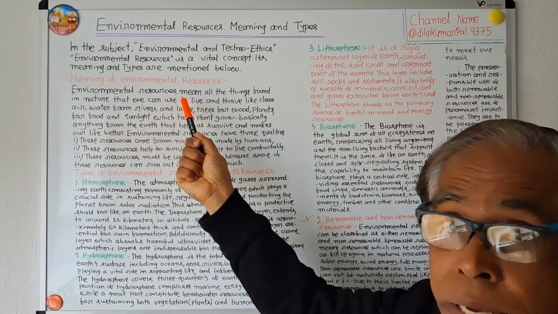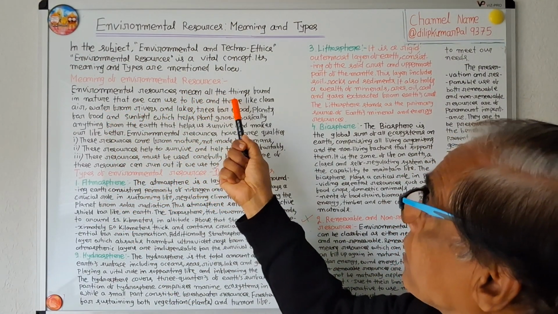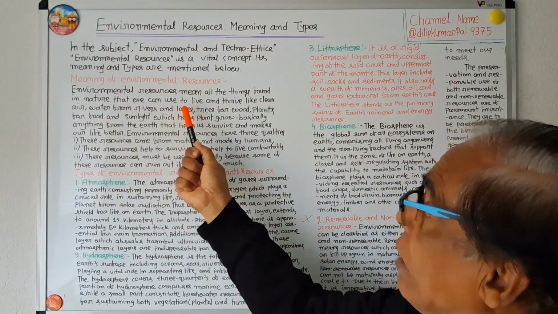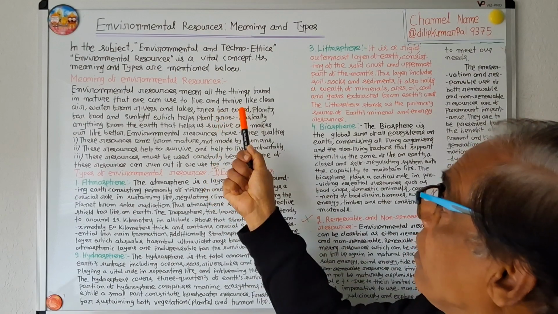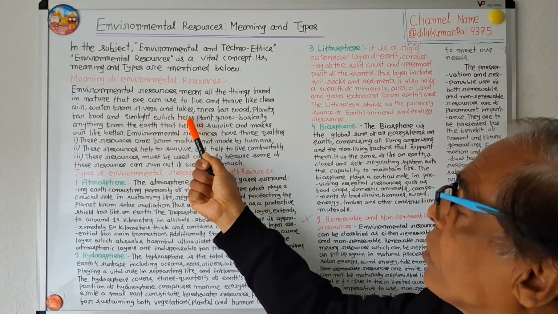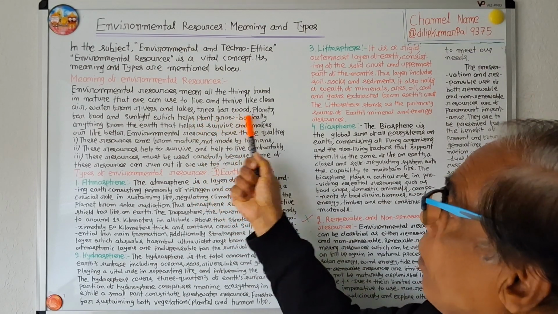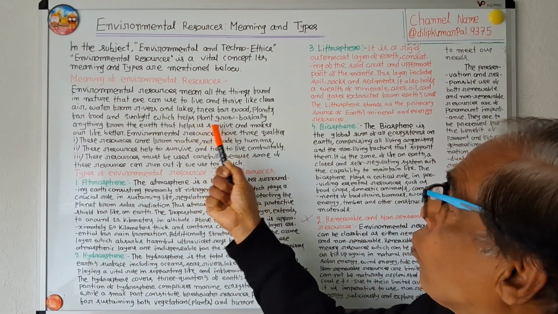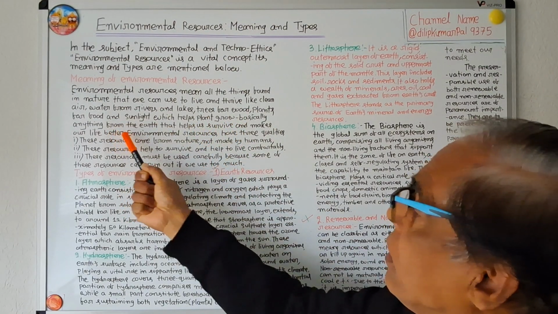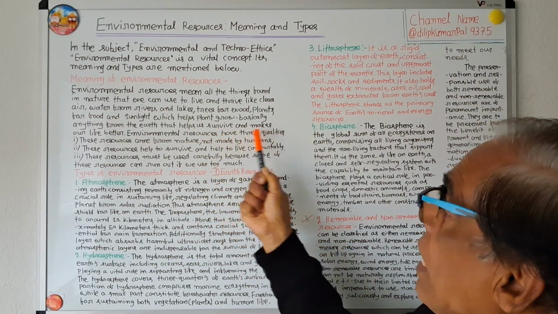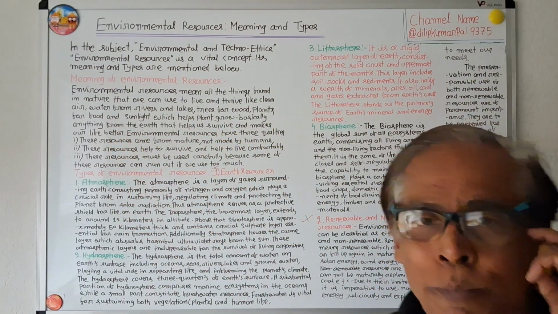Environmental resources mean all the things found in nature that we can use to live and thrive, like clean air, water from rivers and lakes, trees for wood, plants for food, and sunlight which helps plants grow. Basically anything from the earth that helps us to survive and makes our life better.